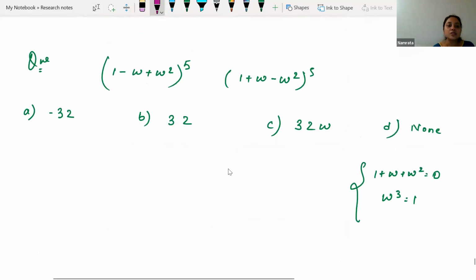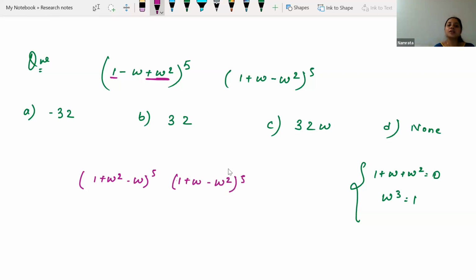So here, can you see 1 is there and omega square is there? So can I write 1 plus omega square together, and minus omega to the power 5? Yes, ma'am. And in the other one, 1 plus omega is there together, to the power 5. Now 1 plus omega square, from this relation, can I write it as minus omega?